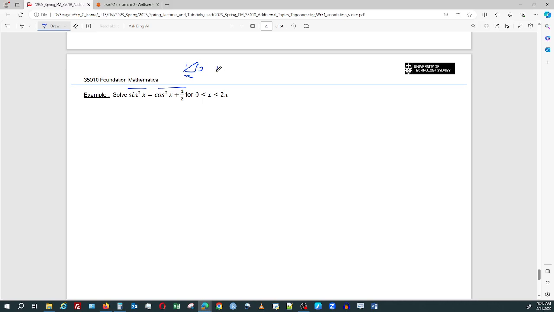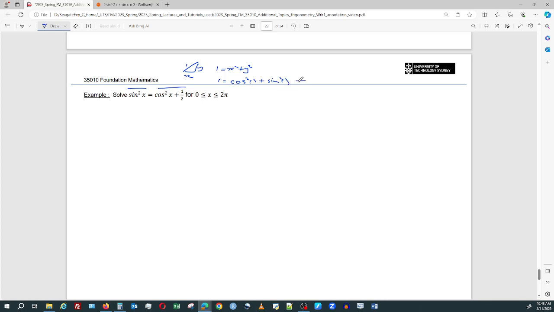So you get 1 equals x squared plus y squared. Now, if we go for the rearrangement of that, we get 1 equals x is cos plus sine.